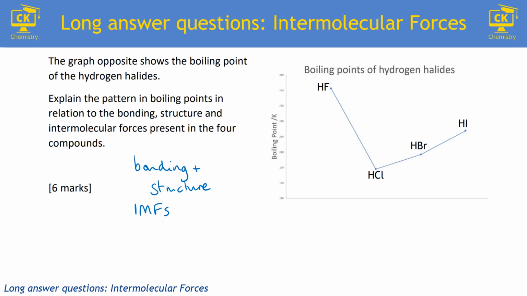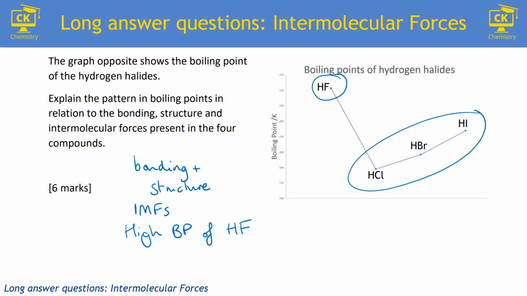There are 2 things we can see here. One is the high boiling point of HF, and the other one is this very clear trend in boiling point from HCl to HI.